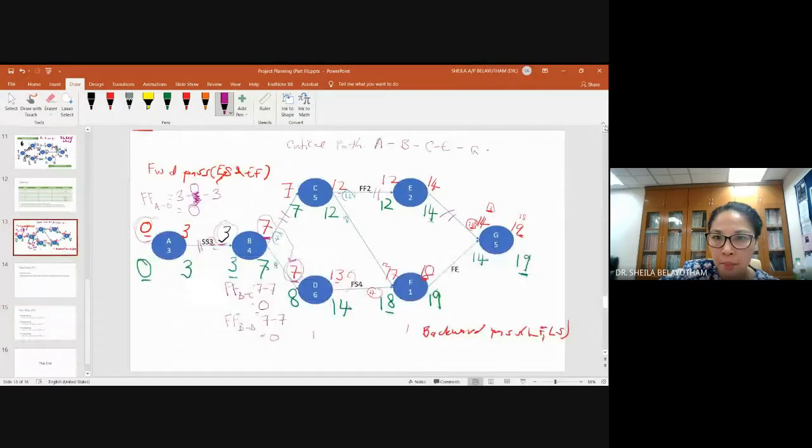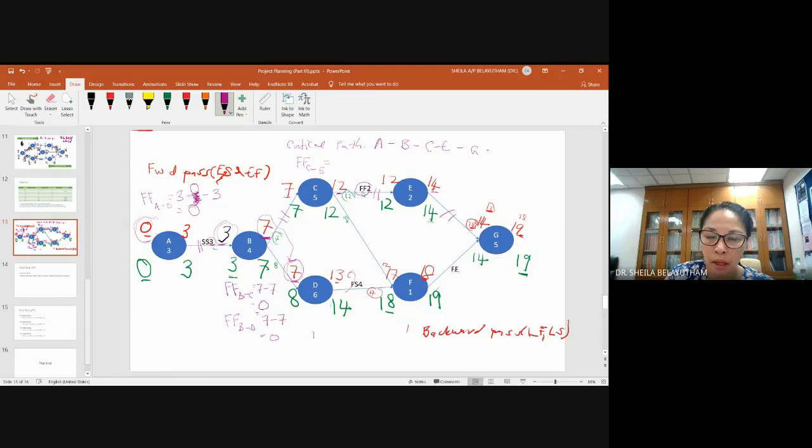Okay, the next example, let's say we are talking about free float for finish to finish, for activity C to activity E. The relationship is finish to finish, so you are concerned with the time frame in between finish and finish.